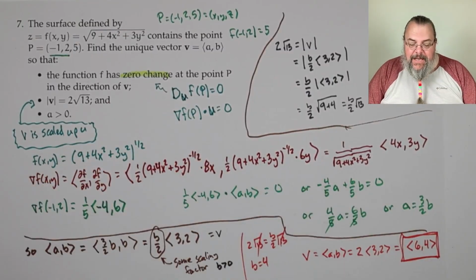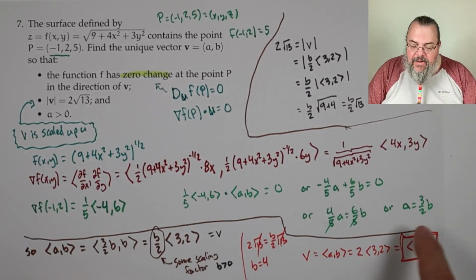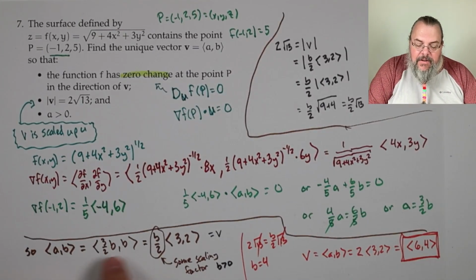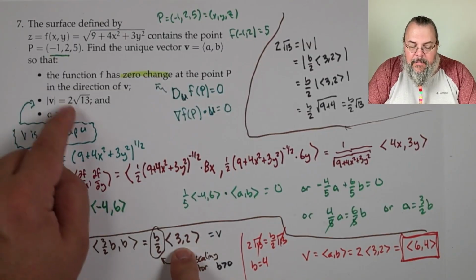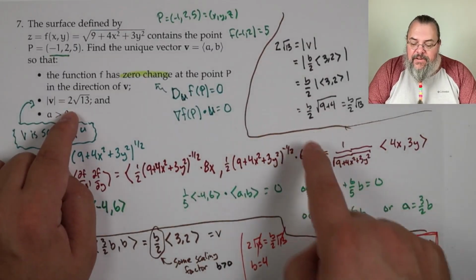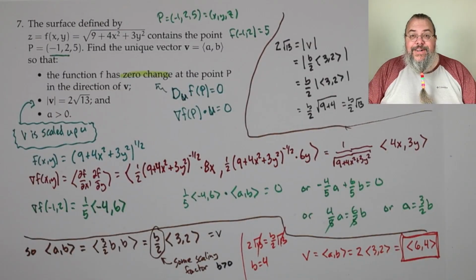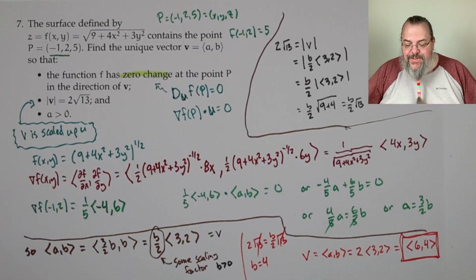And once you have that, that basically says, what does your vector look like? It looks like some multiple of a particular vector. Use the magnitude to figure out what the right multiple is, and then we put it all together, and you've got the answer. It's beautiful.